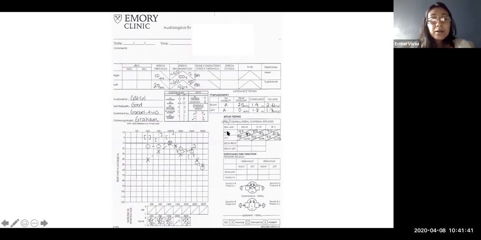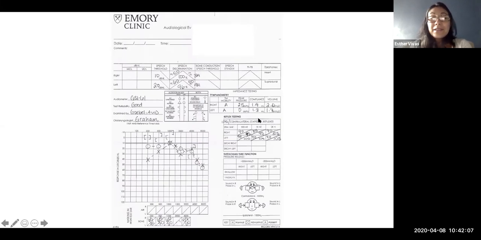Well, luckily our audiologist did perform the reflex testing. One of the ways to cheat this is if there's a number there, that means there was some measurable reflex. If all you see is NR, no response, that's when it's more consistent with middle ear pathology, right?